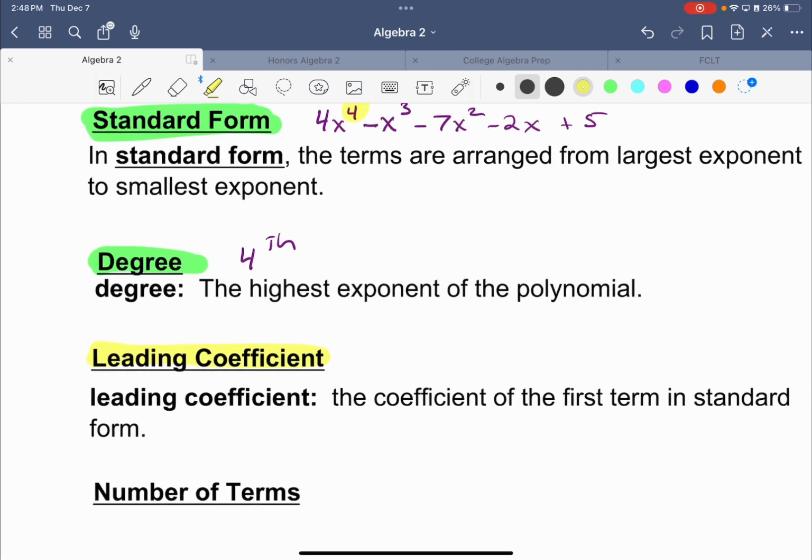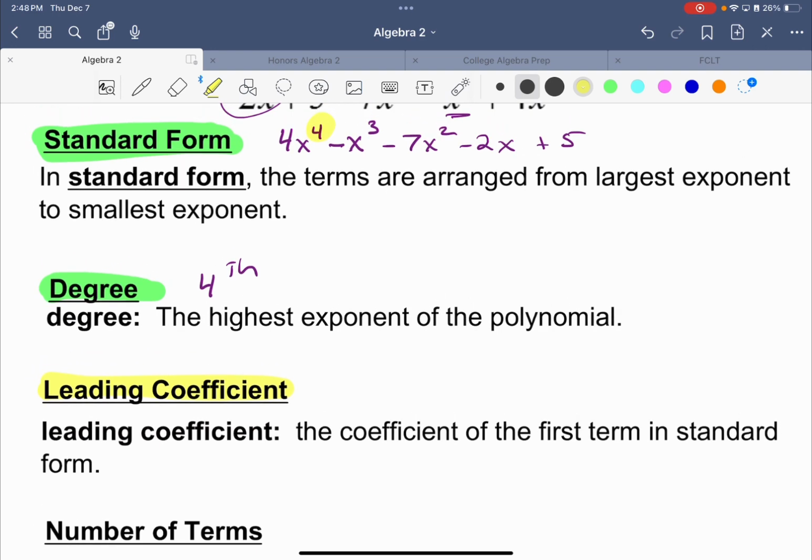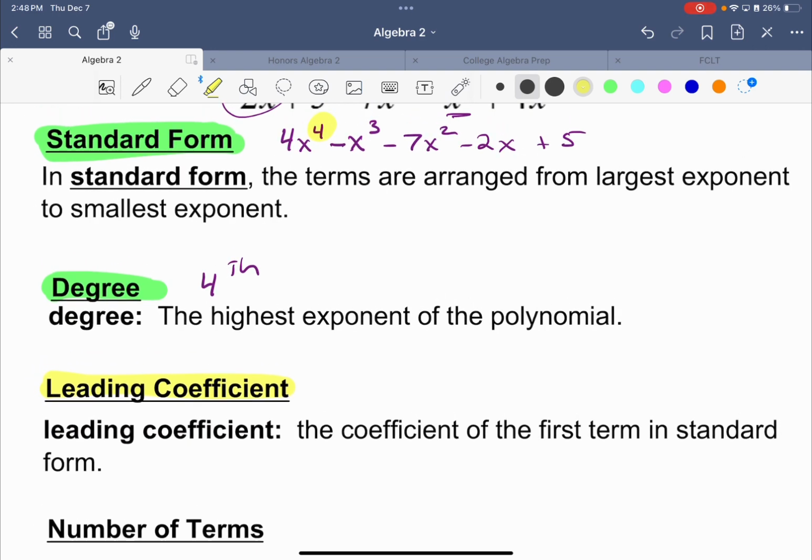Leading coefficient is the next term. Leading coefficient is the coefficient of the first term in standard form. Well, that means you need to know what coefficient means. Coefficient is just a mathematical way of saying number. Leading is first.